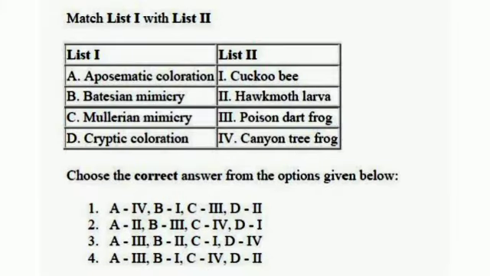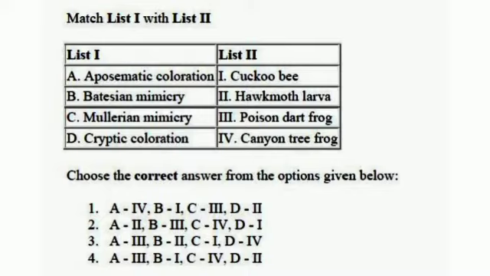In the next match the following, List 1 consists of aposematic coloration, Batesian mimicry, Mullerian mimicry, cryptic coloration. And List 2 consists of cuckoo bee, hawk moth larva, poison dart frog, canyon tree frog.